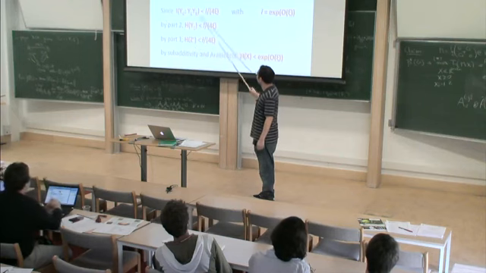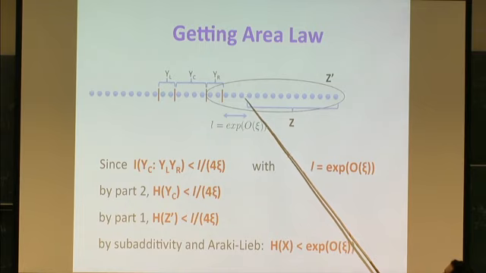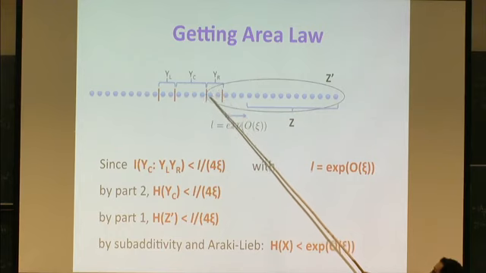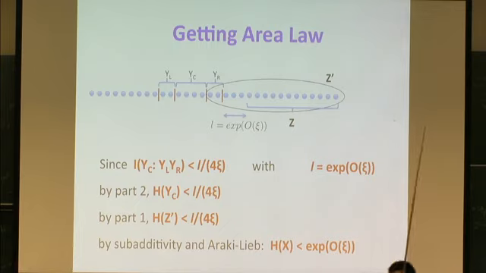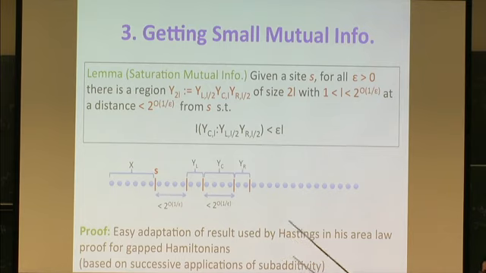So all that we have to do now is to prove this, right? That given any point here, like that, on this boundary of Z, we can find this region with small mutual information and far away at most by this factor. And luckily, this is in some sense already in this original Hastings proof of the area law. He didn't formulate it like that, and that was the only information-theoretic part of his proof.